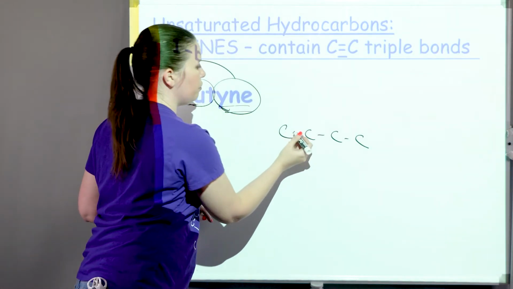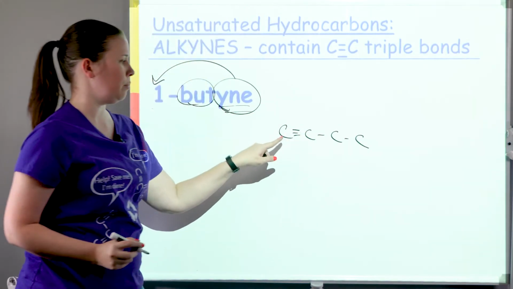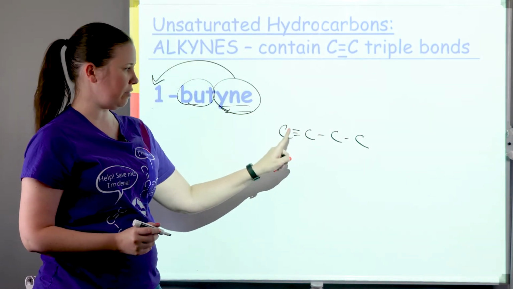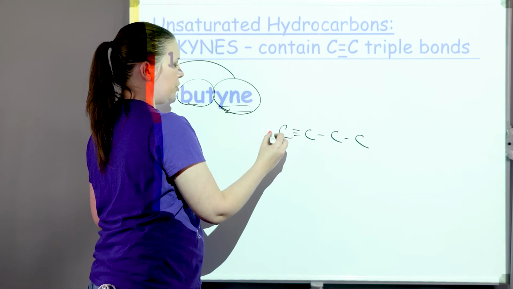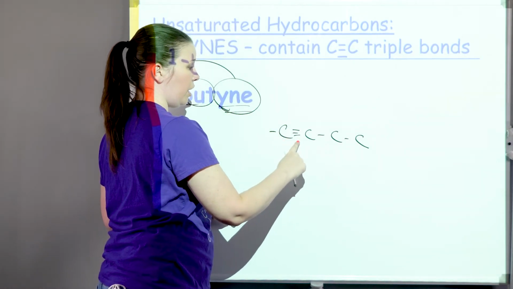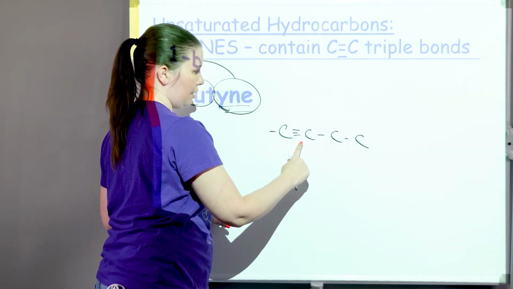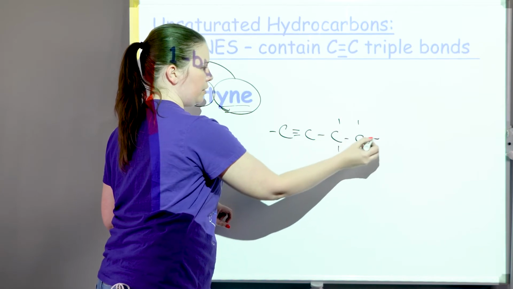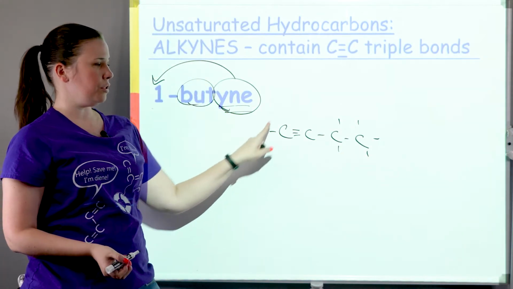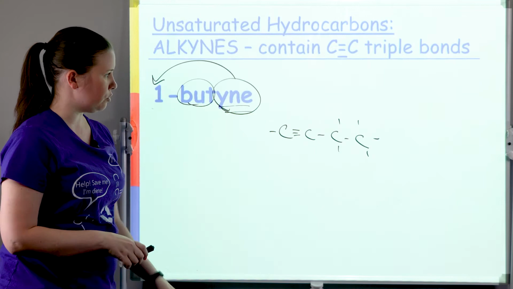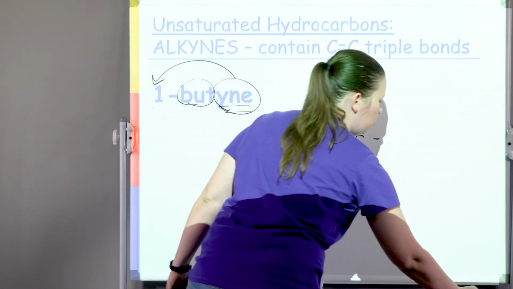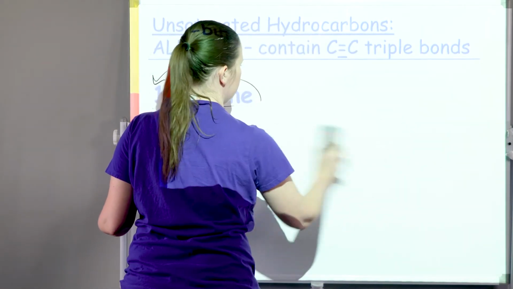So I've got my first carbon. So between carbon 1 and 2, I would have a triple bond, meaning I only need 1 hydrogen on the first carbon. I don't need any more hydrogens on the second carbon, and then I can complete the end like normal. So you really got to watch your hydrogens with these double and triple bonds. This would be our 1-butyne.